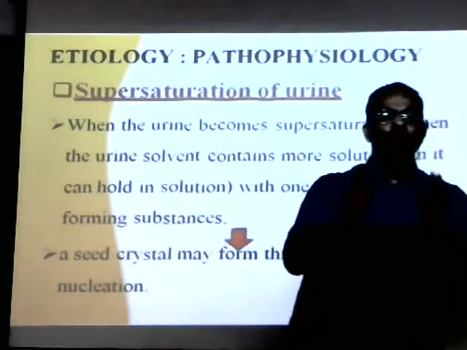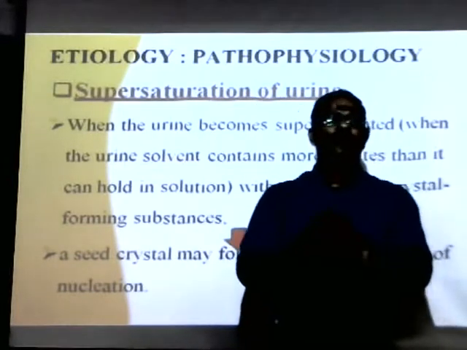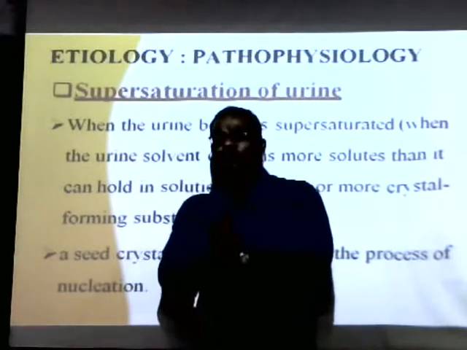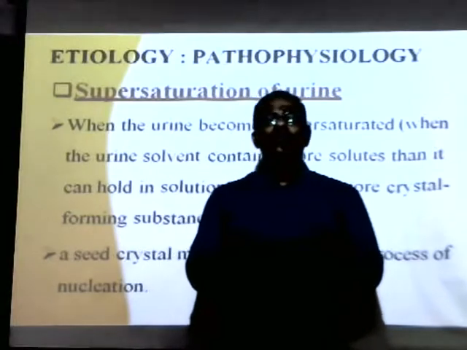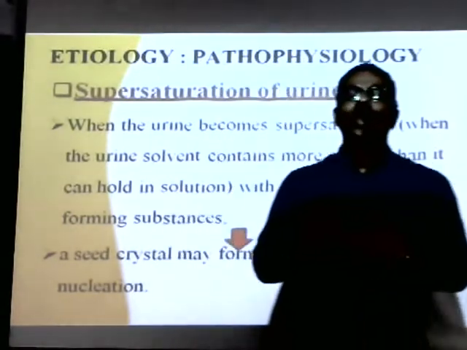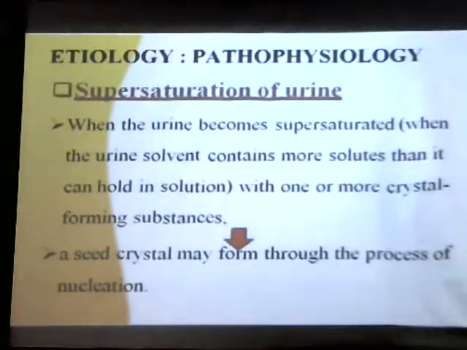Every solvent will have a desired quantity of solute which it can mix. But if a solvent contains solute far exceeding the amount it was able to mix, that condition would be supersaturation.